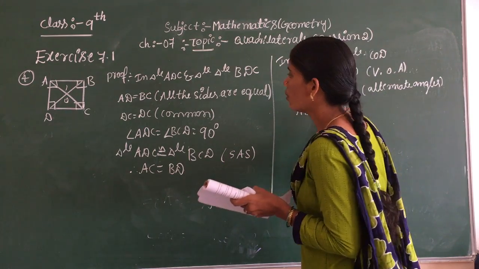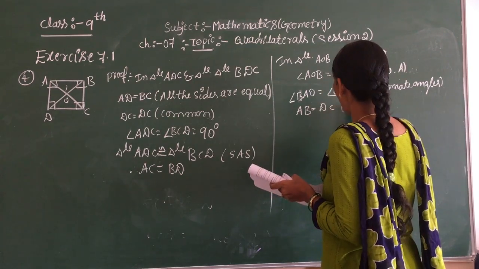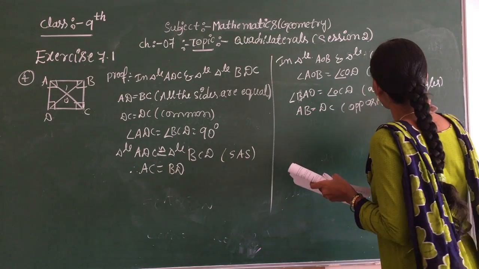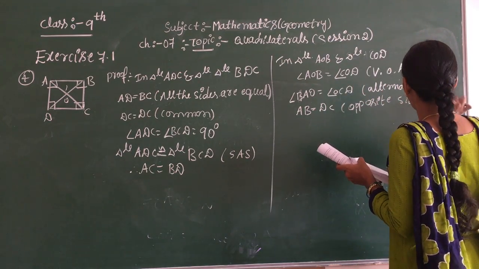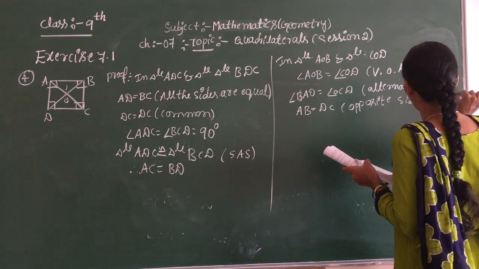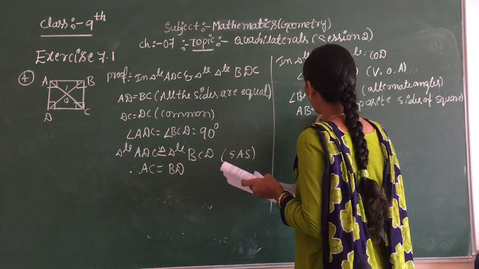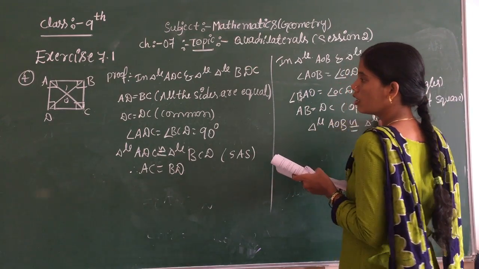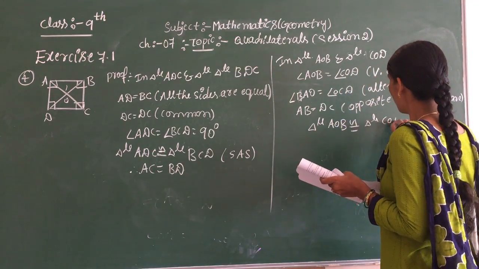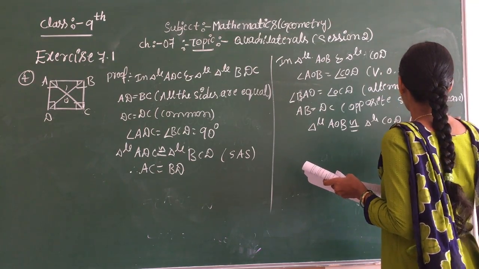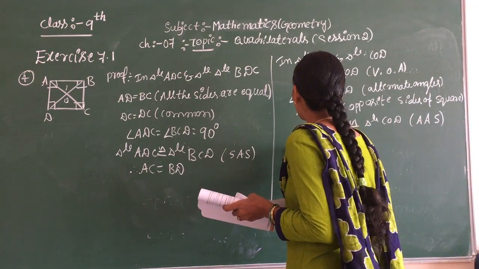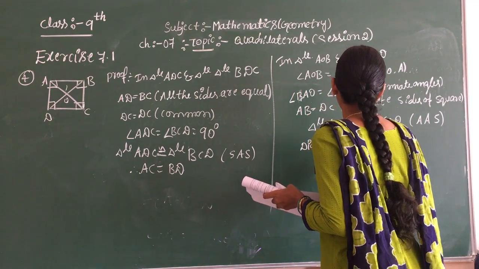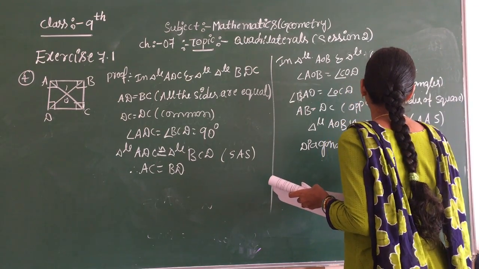AB is equal to congruent triangle COD, AAS rule. The diagonals bisect each other.